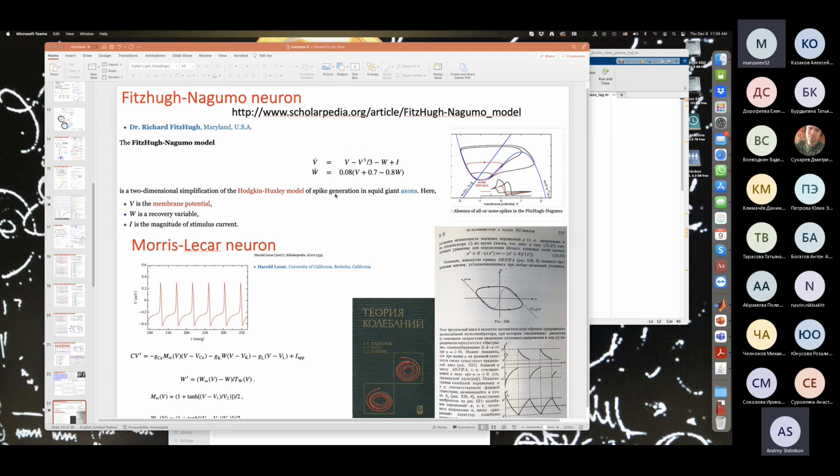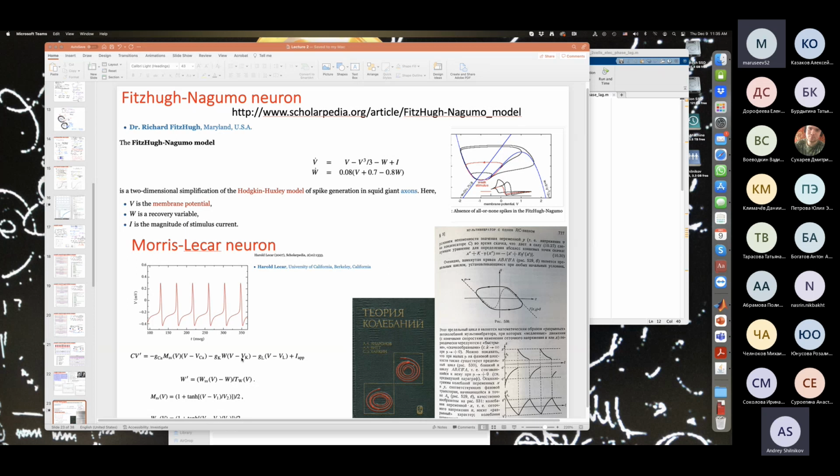Phenomenological model means that it doesn't have any exact equation or any specific current. It has particular features that are needed to produce spikes in the Hodgkin-Huxley type of model, or in Morris-Lecar. Unlike the original four Hodgkin-Huxley differential equations, Morris-Lecar only has two equations.